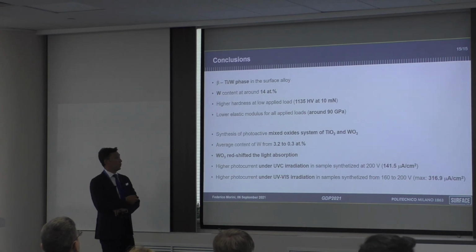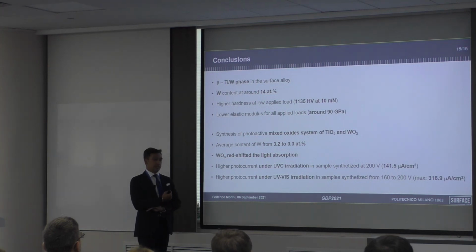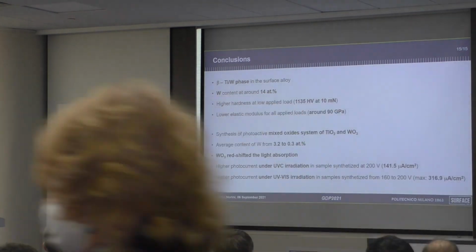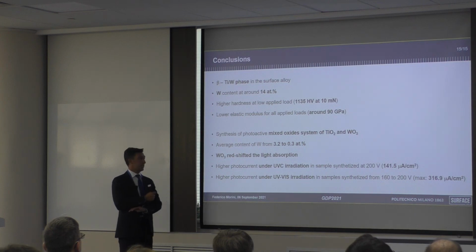To conclude and summarize my speech, we synthesized titanium tungsten surface alloys with a low energy high current electron beam coupled with physical vapor deposition, and we noticed that we have the beta titanium tungsten phase with an average tungsten content in the alloy of 14 atomic percent.